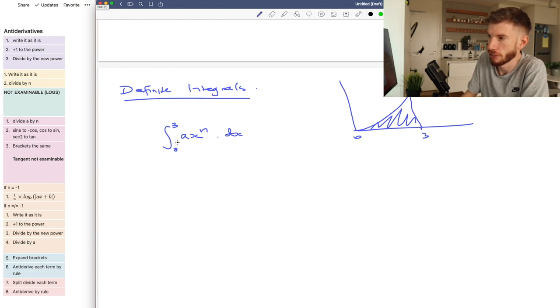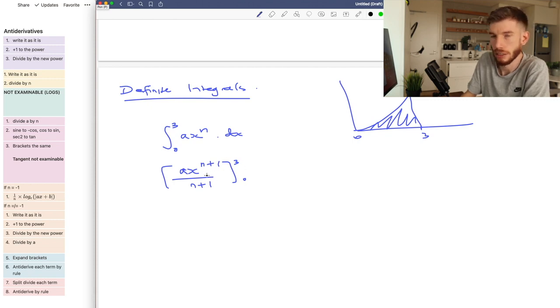So the first thing you do is just integrate by rule. That would be add 1 to the power, divide by the new power. Then the notation is you put square brackets around it, put your terminals out here, and you're effectively going to find the difference between this expression when you sub in 3 and when you sub in 0.